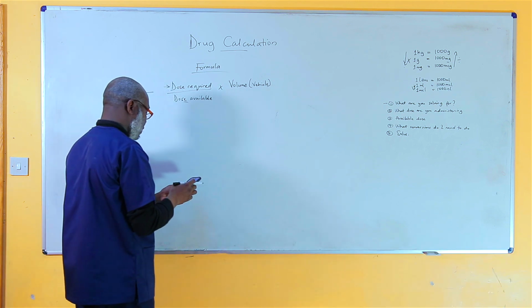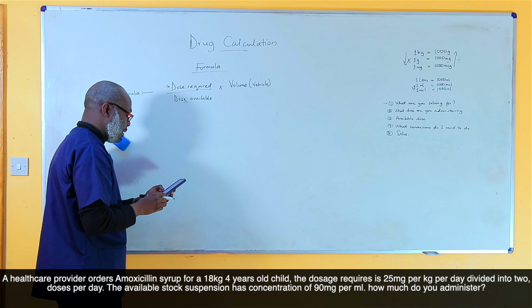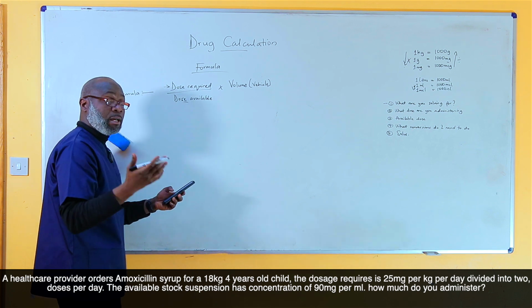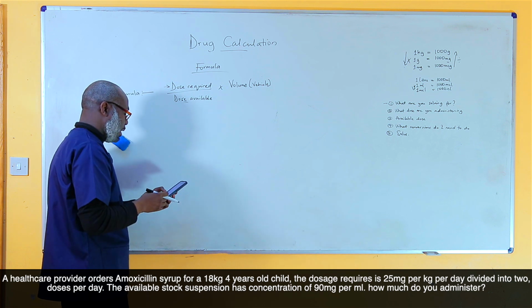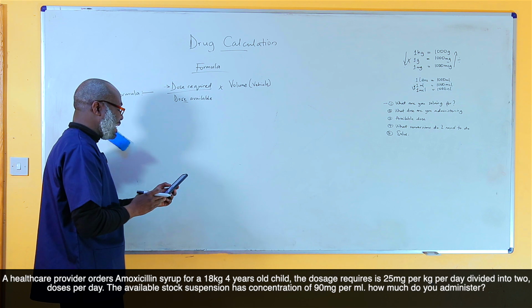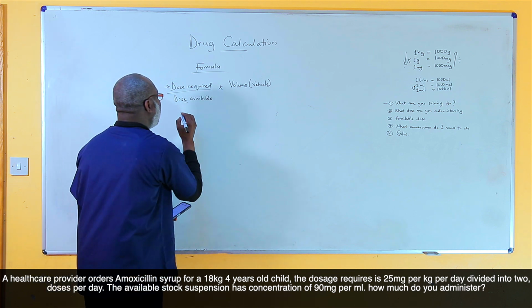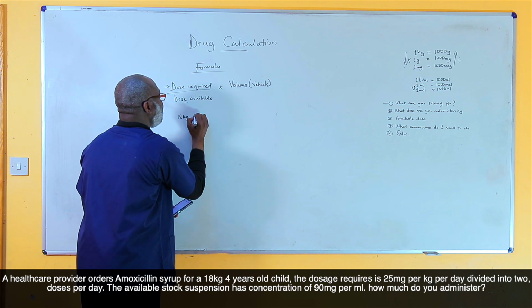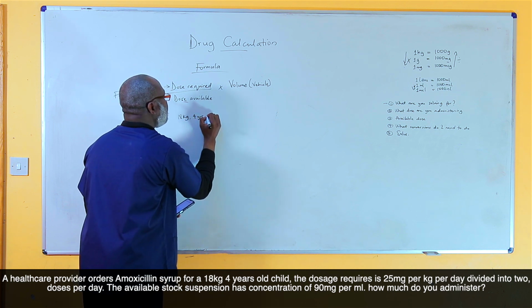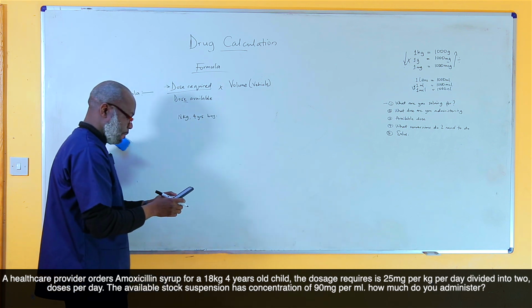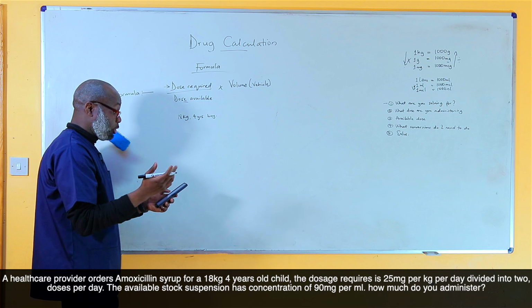Number 2. It says, a healthcare provider orders amoxicillin. Amoxicillin is an antibiotic. A healthcare provider orders amoxicillin syrup for an 18 kilogram, 4-year-old child.